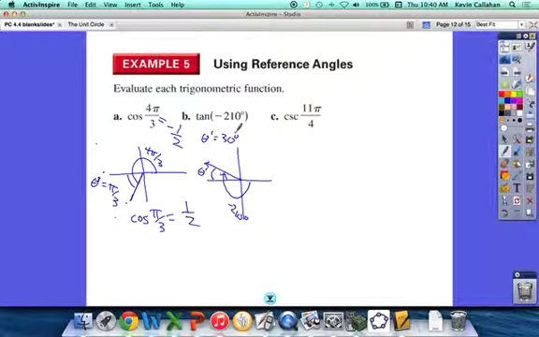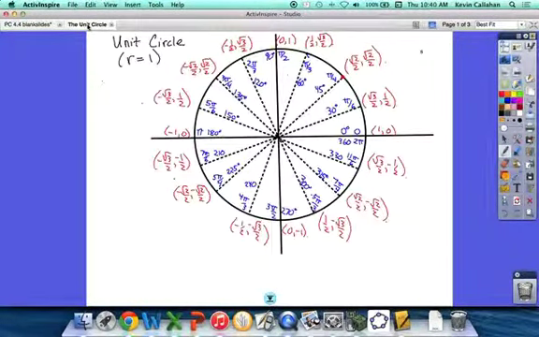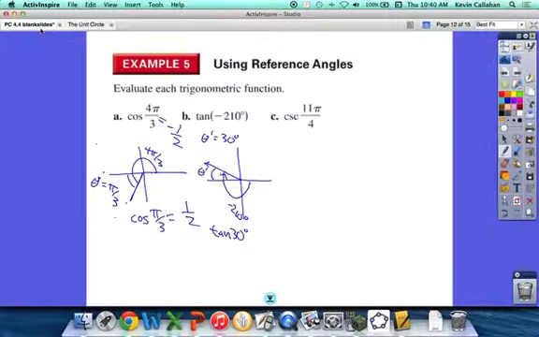Okay, so we're going to find the tangent of 30 degrees. Well, 30 degrees on the unit circle is right here, right? So the tangent would be the y divided by the x. 1/2 divided by root 3 over 2. That would be 1 over the square root of 3, which is root 3 over 3.